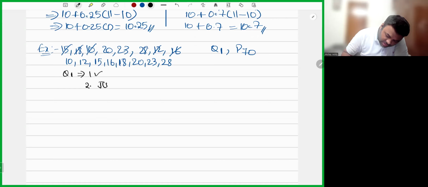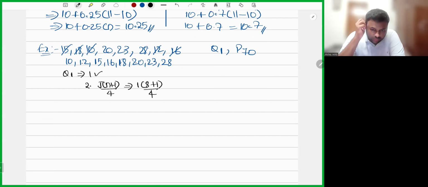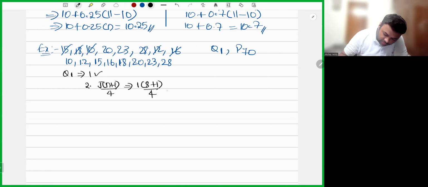Next, J into n plus 1 by 4. J is 1 for quartile 1. There are 8 observations, so 8 plus 1 by 4, which is 9 by 4. What is 9 by 4? Again the same, 2.25 itself. Is it the answer?